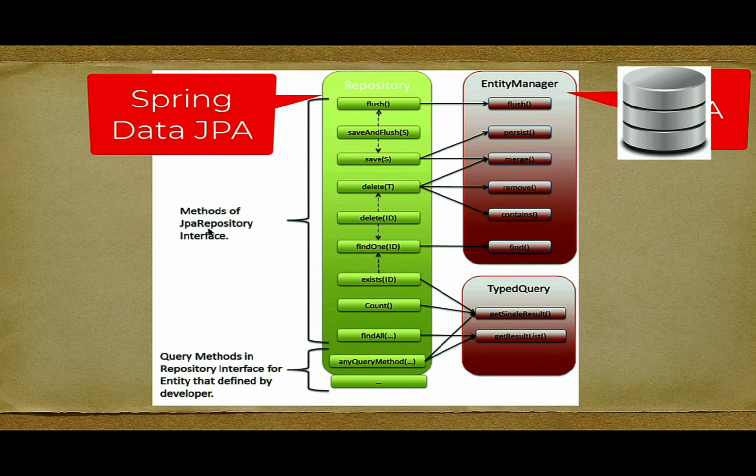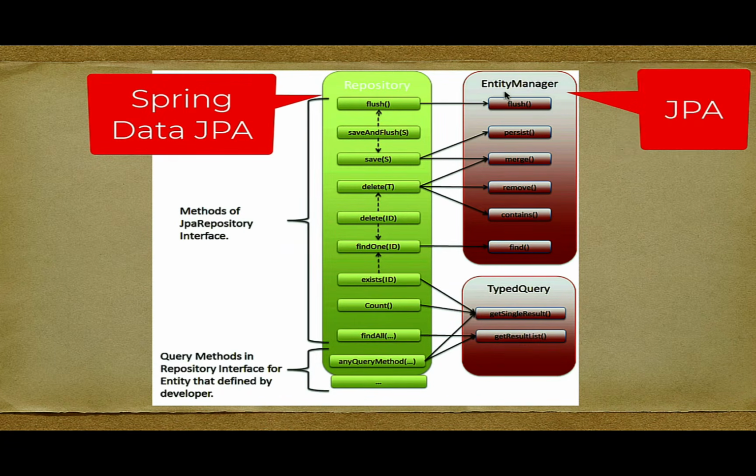So these JpaRepository interface methods don't directly connect to the database. These repository methods will first internally call the EntityManager methods, and these EntityManager methods will talk with the database. So this repository is basically an abstraction on top of JPA interfaces or APIs.